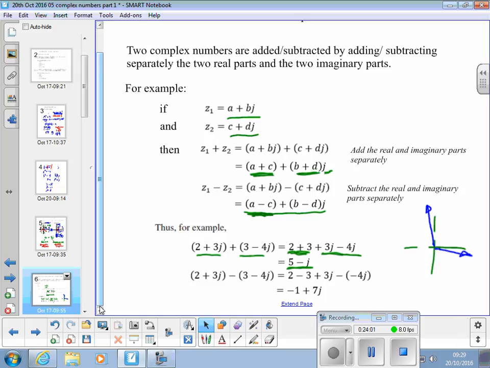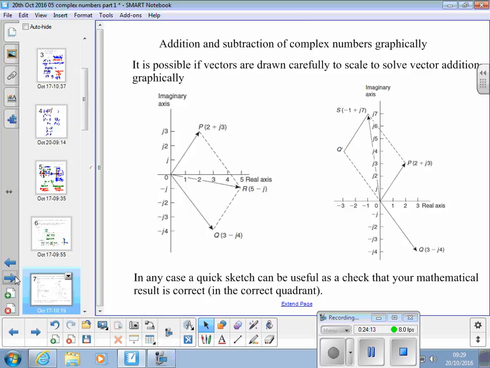So, simple addition and subtraction is to add together all the real parts or subtract the real parts and the imaginary parts separately into one number. Over the old page, just a quick look at the fact that you can do this graphically as well.